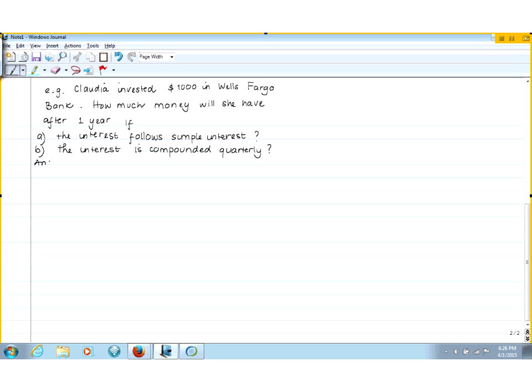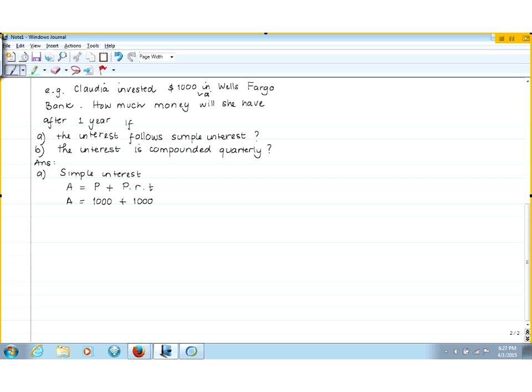All right. So let's answer these questions. Let's look at simple interest. The amount of money after 1 year is A is equal to the principal plus the interest, and the interest is P times R times T. In this case, T is equal to 1 because it's 1 year. So it's 1,000 plus 1,000 times the rate.